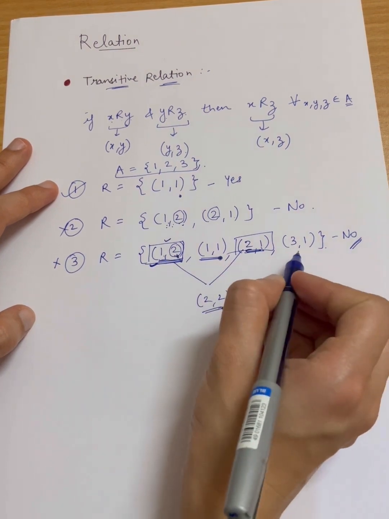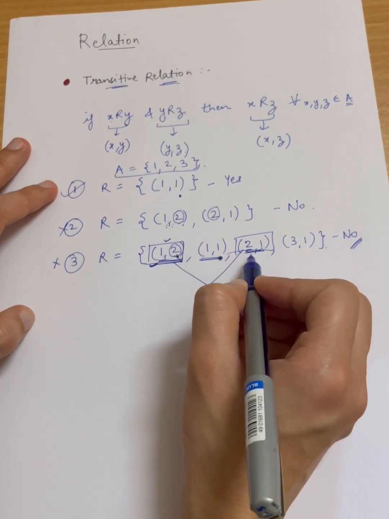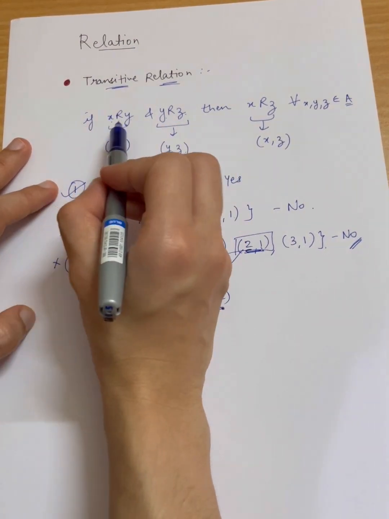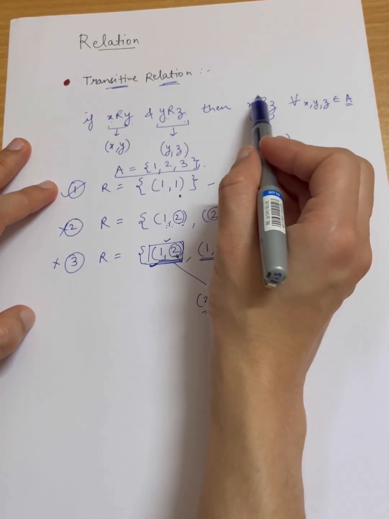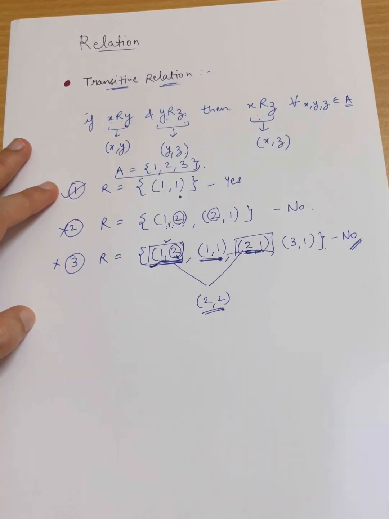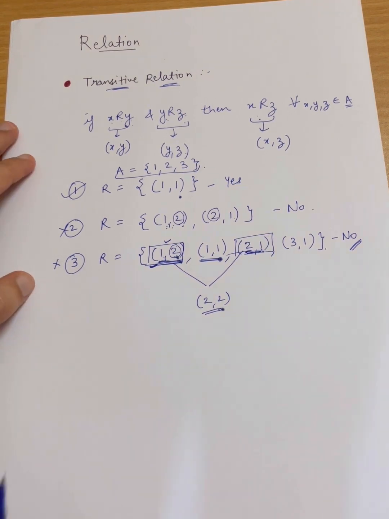So this is how we can check: if x R y and y R z are both present, then we need to see whether x R z is present or not. If it is present, then it is a transitive relation, and if it is not present, then it is not a transitive relation.